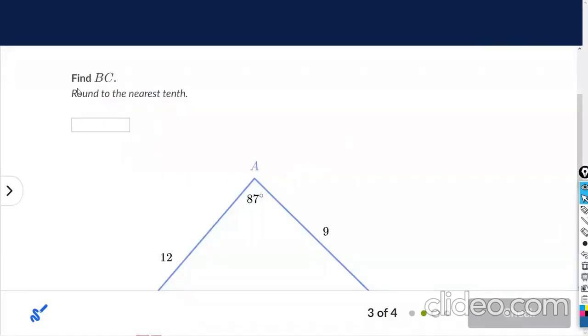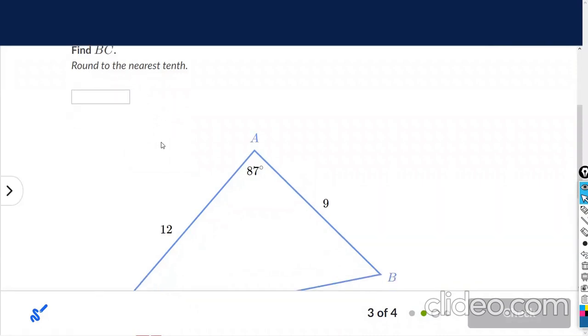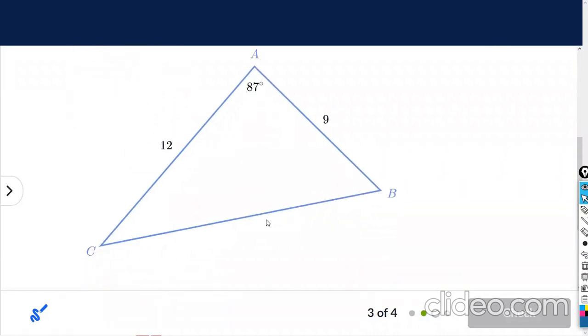On this triangle here, they want us to find BC and then round to the nearest tenth. So BC will be this side length right here, the distance from B to C. We have our formula here, and the only modification we need to make to this triangle is to change point A to C, because that is the only angle that's given, and that has to follow the cosine function.